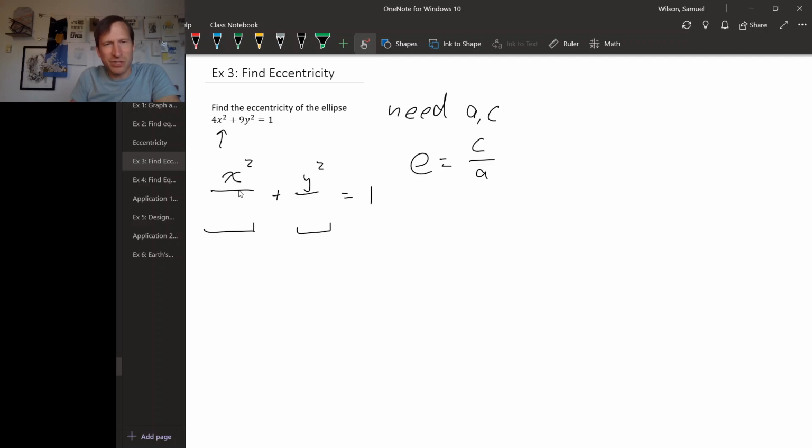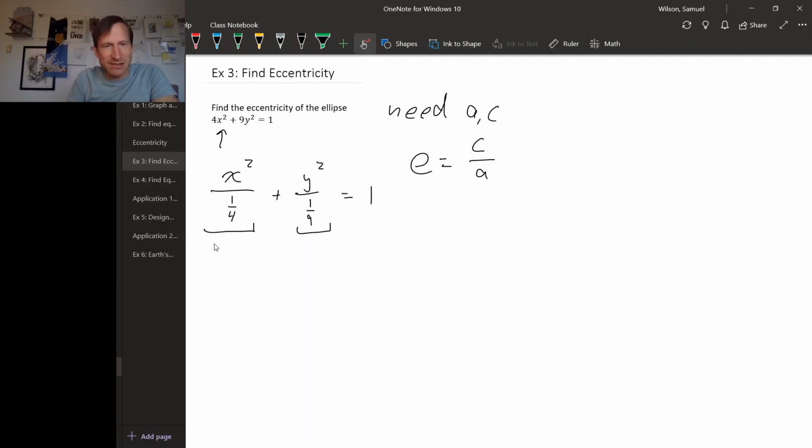So it looks like we should be able to write x squared over 1 over 4 and y squared over 1 over 9. And that works because 9 is 1 over 1 over 9. So these are really the same equation here. And 4 is really 1 over 1 over 4.